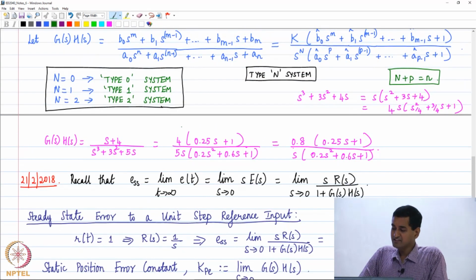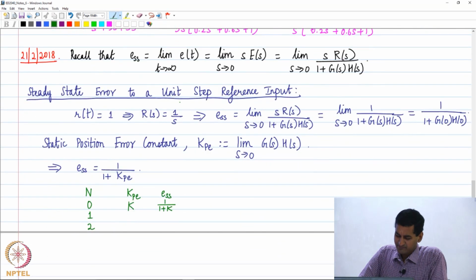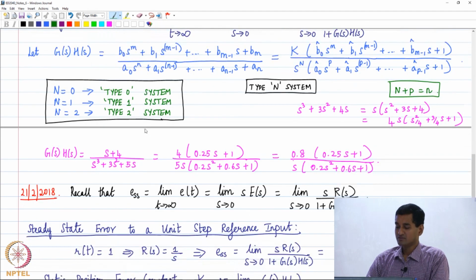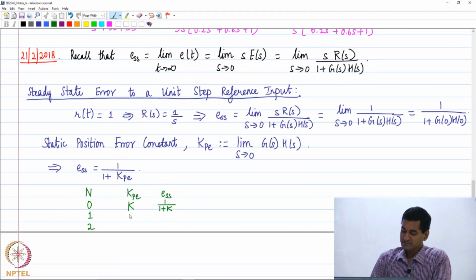Now if n is equal to 1, what do you think happens to the value of KPE as s tends to 0? So immediately you see that the limit of s tending to 0, G(s)H(s) will become infinity, right.